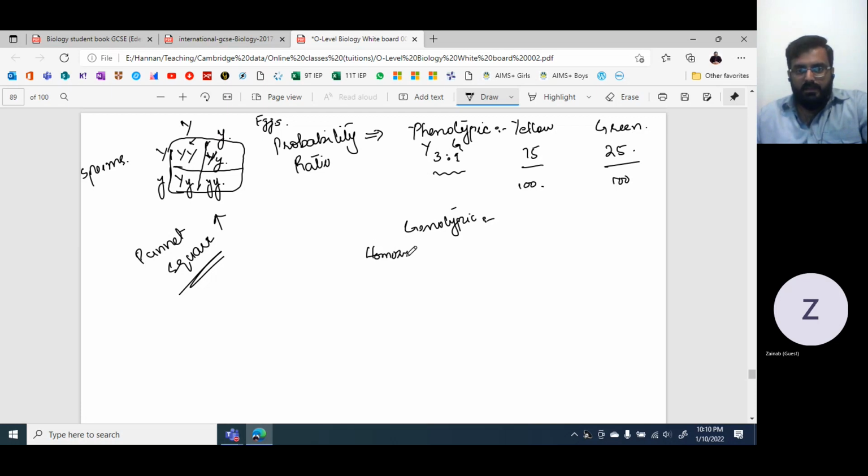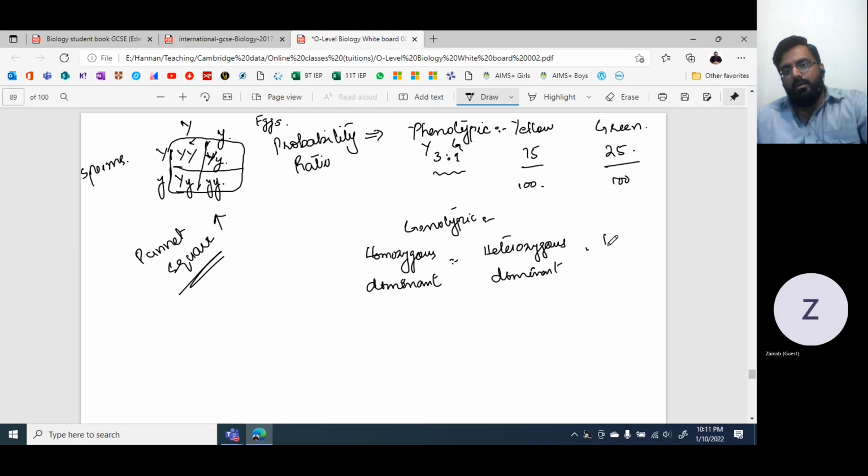One is homozygous dominant, heterozygous dominant, and homozygous recessive.